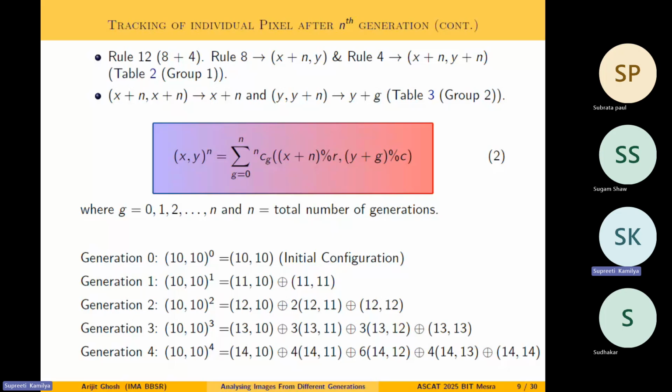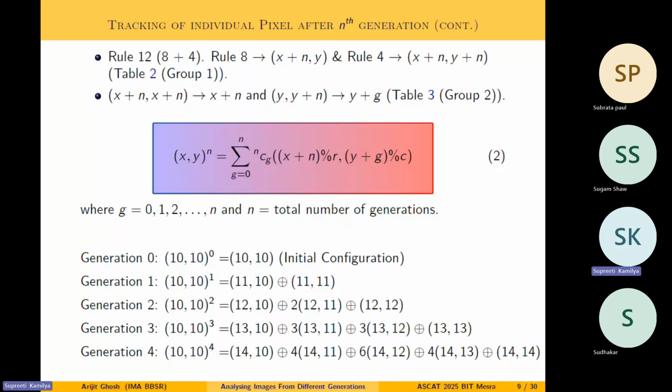Again, explaining this concept, suppose I take an initial configuration, an active pixel, say at the position 10 comma 10 in my first generation. Will an image be formed, and what are the pixels responsible for it?